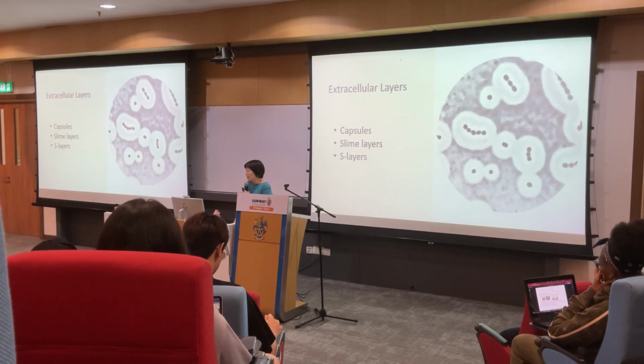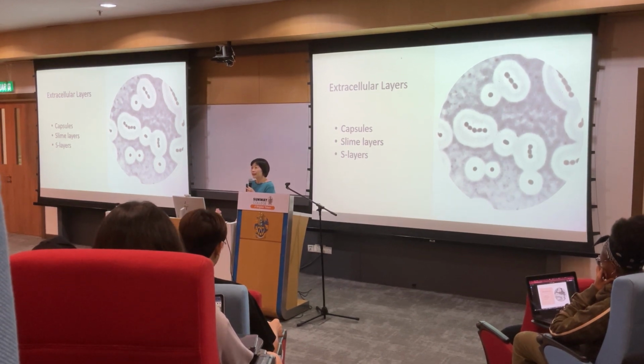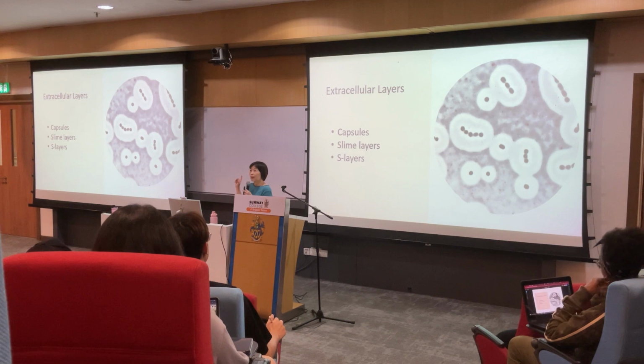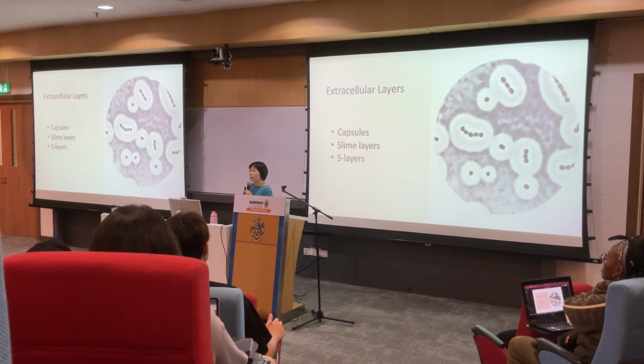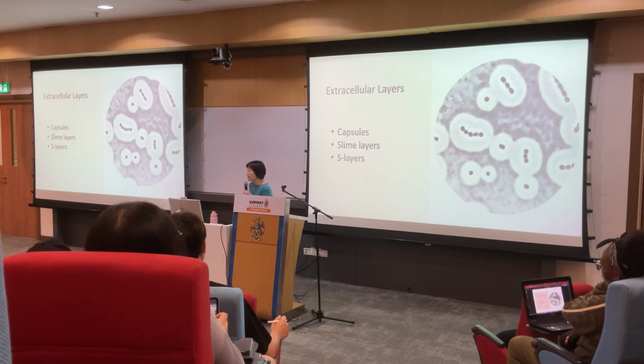This one is the extracellular layer. You heard about capsules, slime layer, and S layer. You may not pay much attention to them, because when you draw bacterial cells, normally you don't draw these three components, as they are on the surface. You may or may not notice them unless you stain the cells strongly, then you can see.